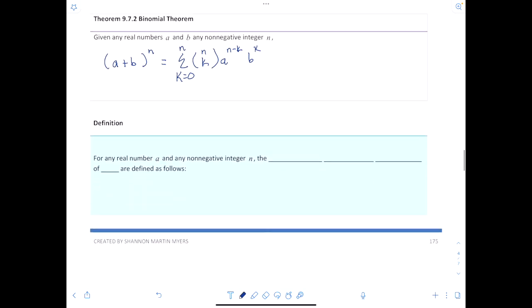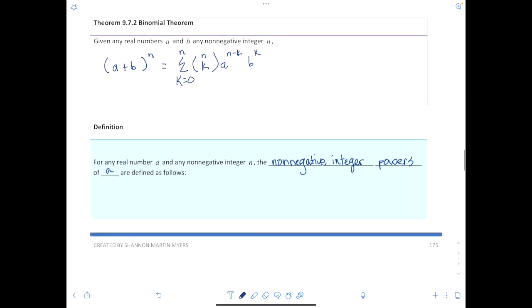Isn't that groovy? So, definition: for any real number a and any non-negative integer n, the non-negative integer powers of a are as follows.